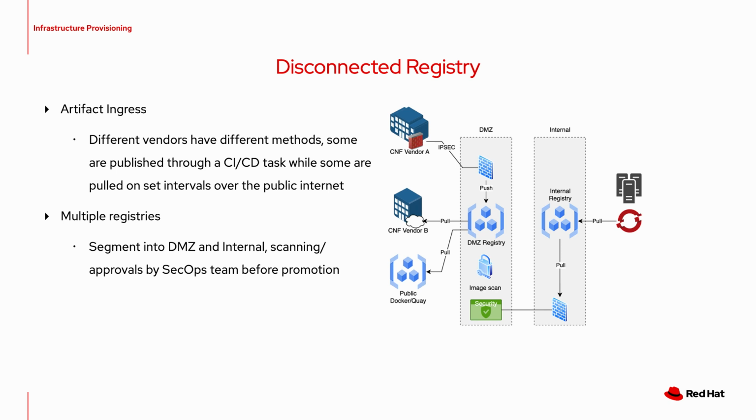We throw everything into a DMZ to do scans, make sure that all the charts and the container images themselves are sound. Then we let our security team approve that, and it moves into our internal registry. We don't have any internet access to this, so we have to mirror every single tenant VNF, Quay.io, Docker.io artifact into our internal registry here.